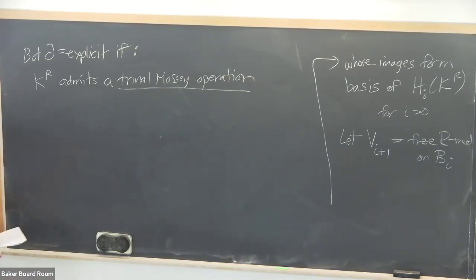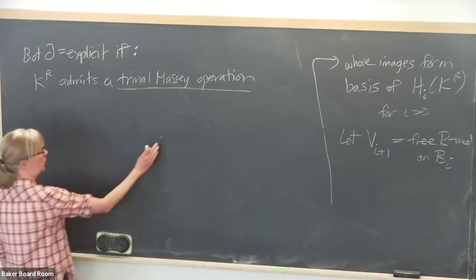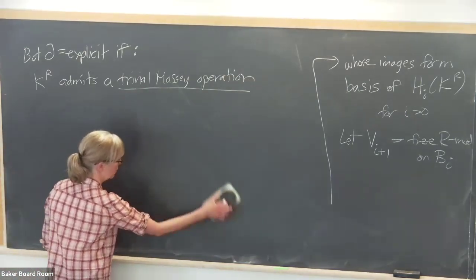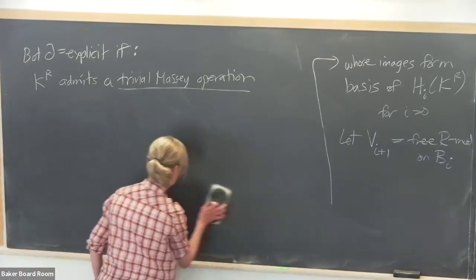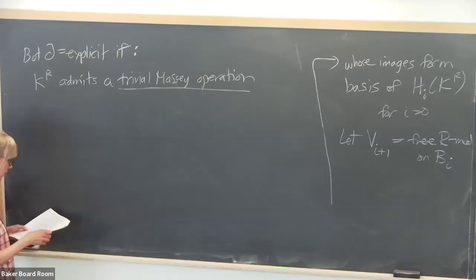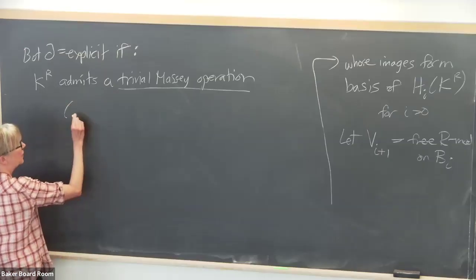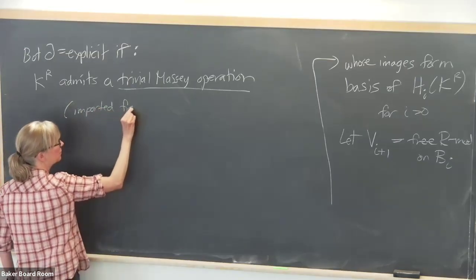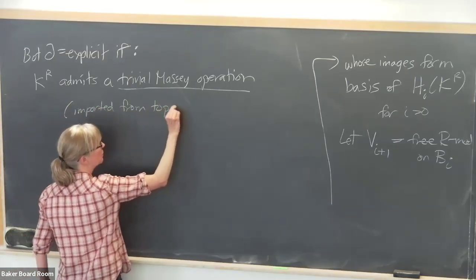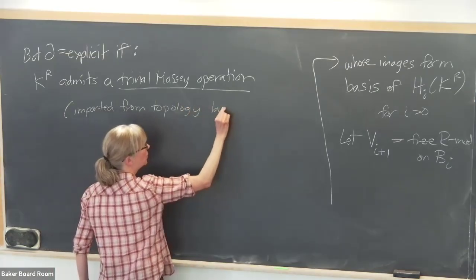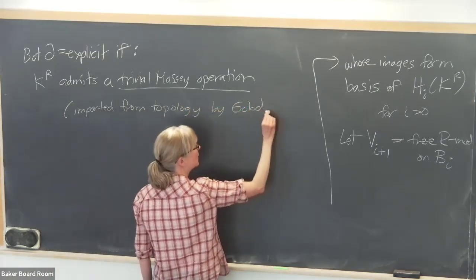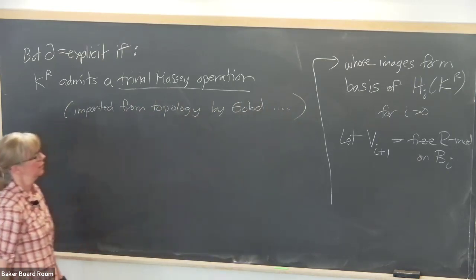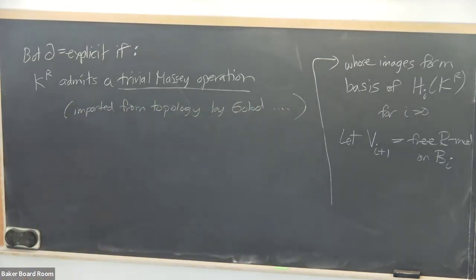It just looks kind of unnatural at first glance. It's imported from topology by Golod. I don't have more to say about it right now, except I will tell you the definition.